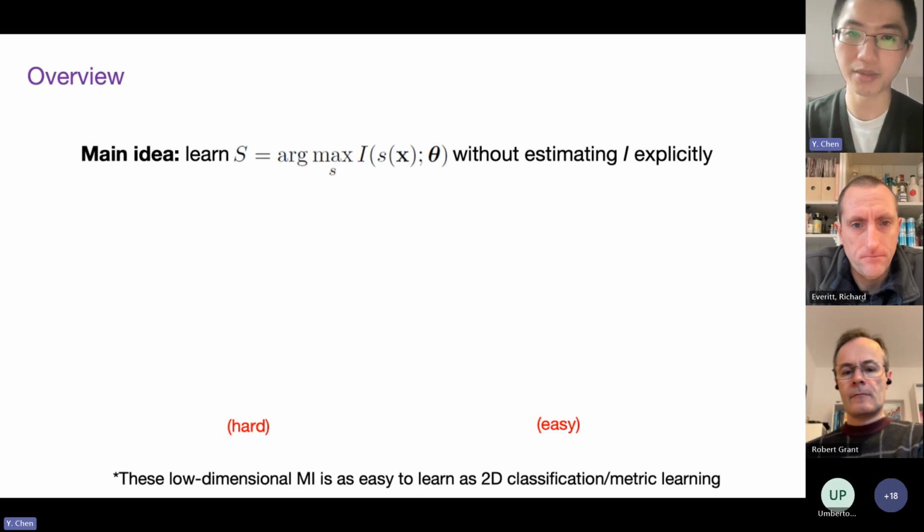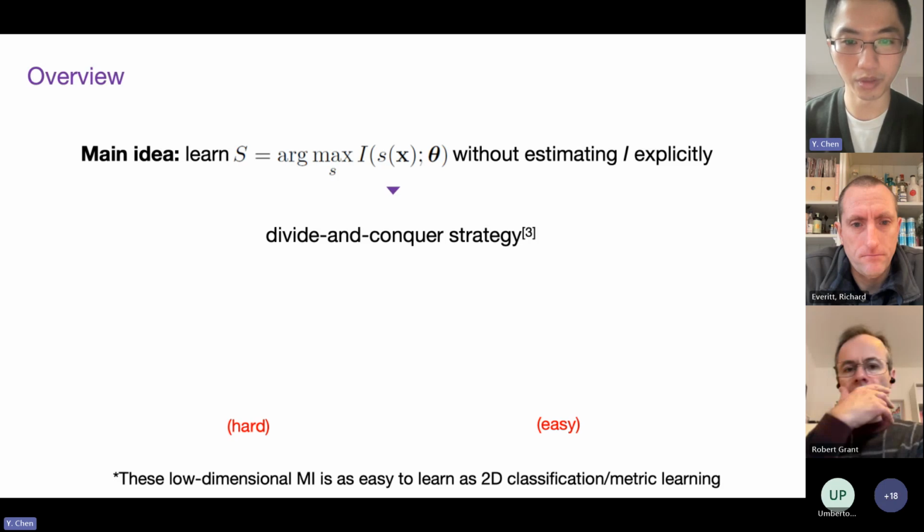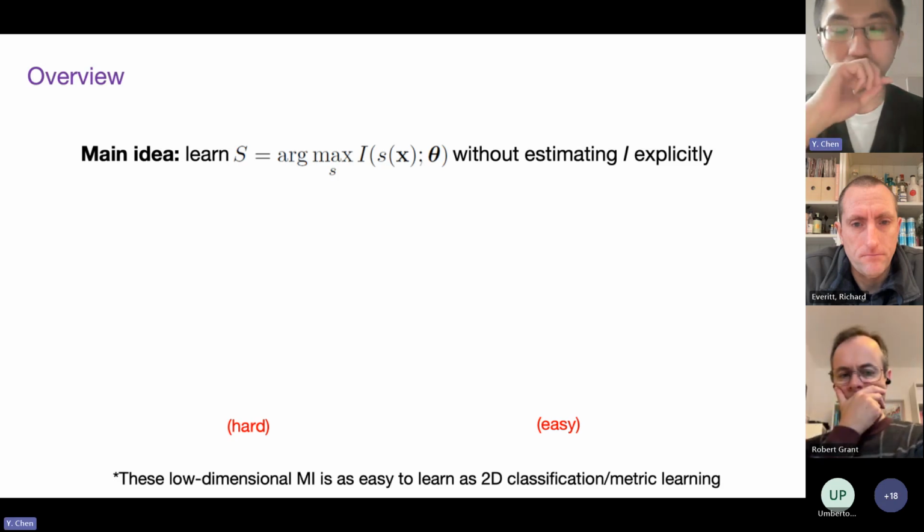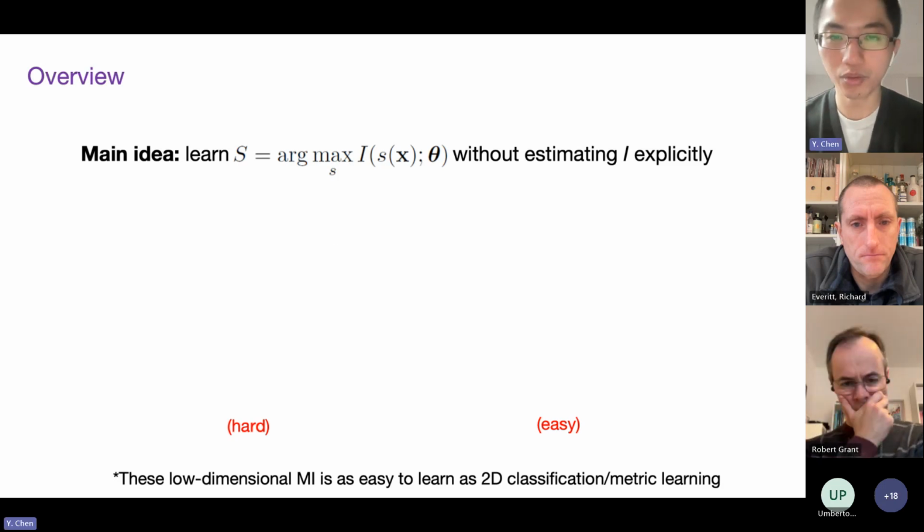We would like to maximize this mutual information for finding summary statistics, but we said that maybe estimating mutual information is too difficult. So we want to find some alternative method.